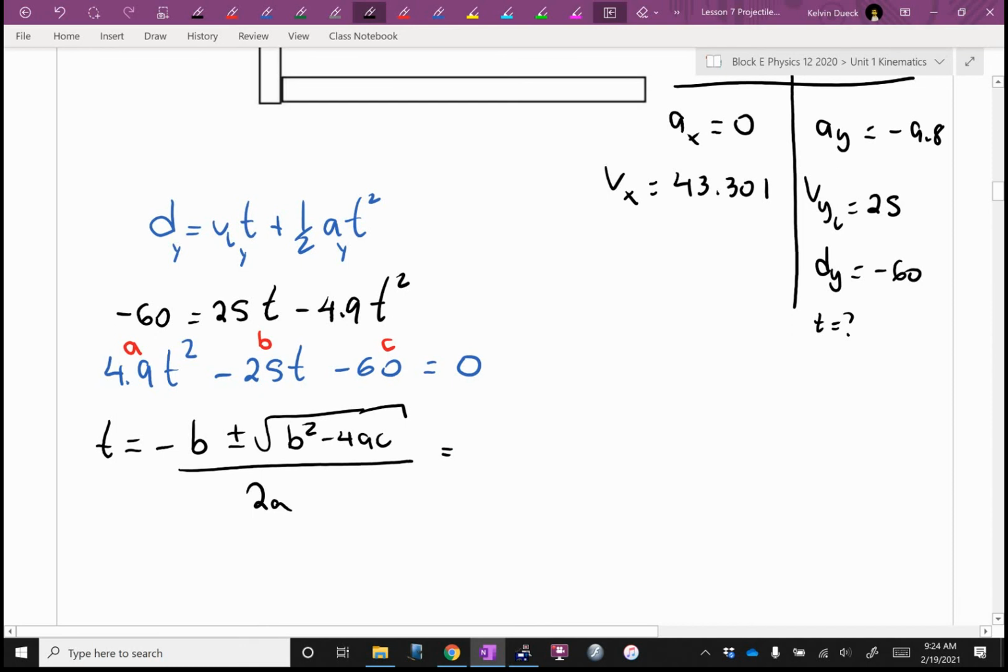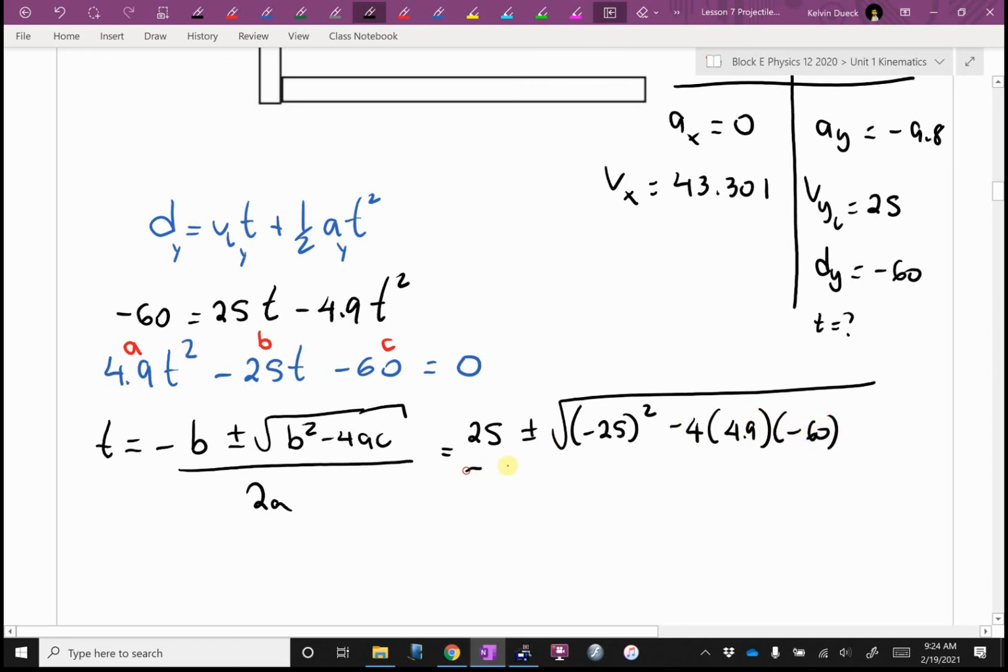B is negative 25, so what would negative 25 be? 25 plus or minus the square root of negative 25 squared minus 4 times 4.9 times negative 60, all over 4.9 times 2, which I'm pretty sure is 9.8. I've done that one a few times.